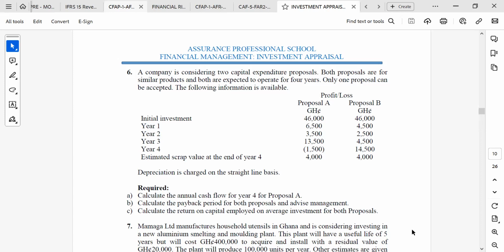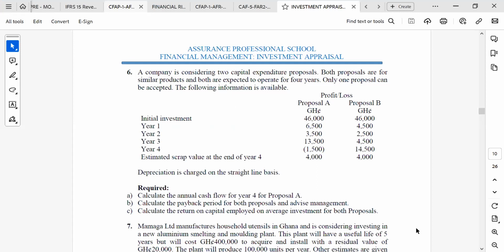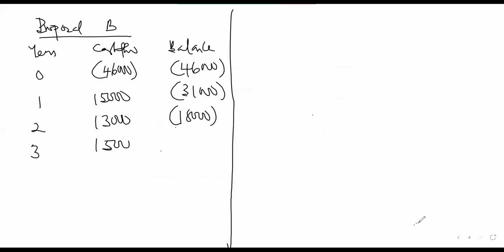Okay, thank you. So the cash flow will be 13,000. What will be the difference? 18,000. Year 3, what will be the cash flow for year 3? 15,000. It will still be 15,000. Okay. So 15,000. What will be the balance?